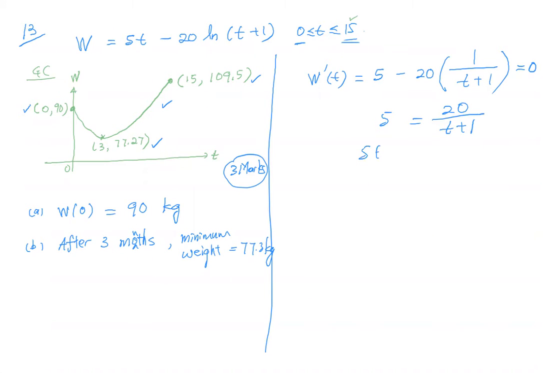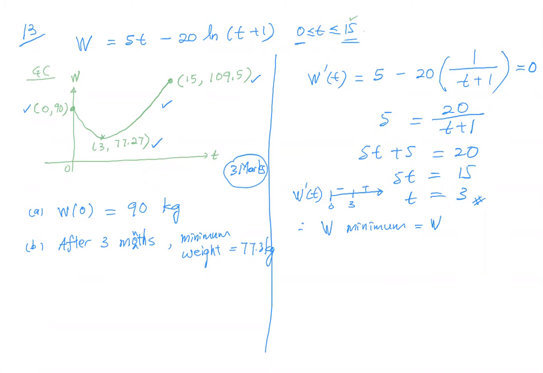So 5t plus 5 equal to 20, so 5t equal to 15, so t equal to 3. So after 3 months, therefore W minimum. So you have to prove a minimum. So this is a minus, this is a plus.